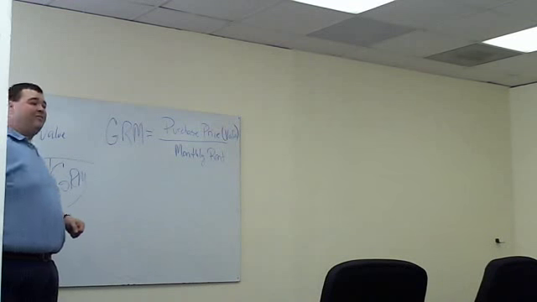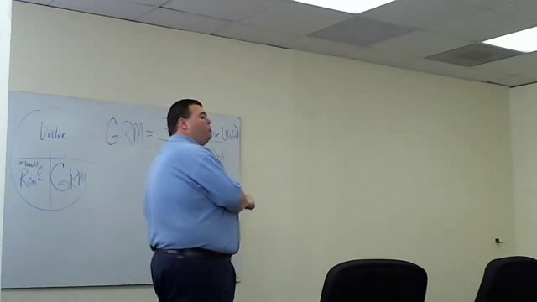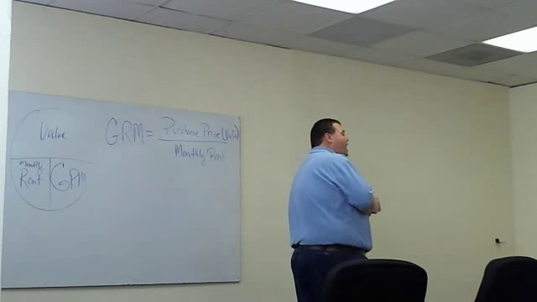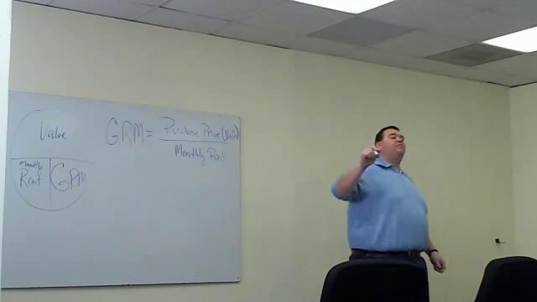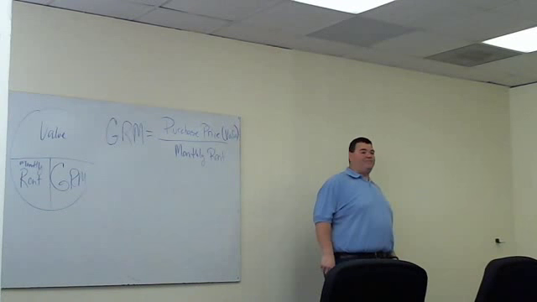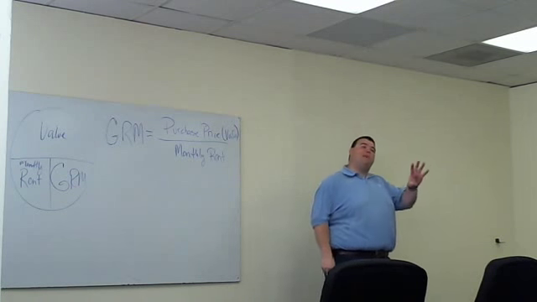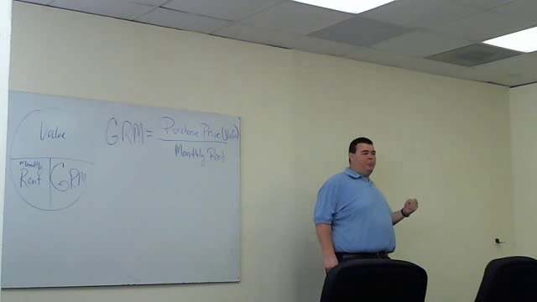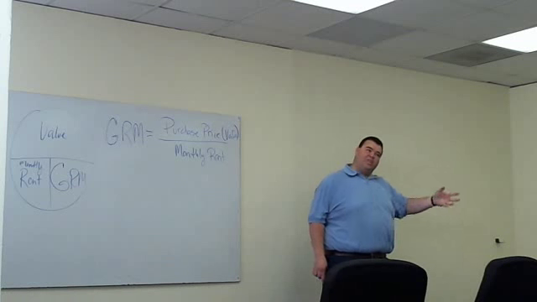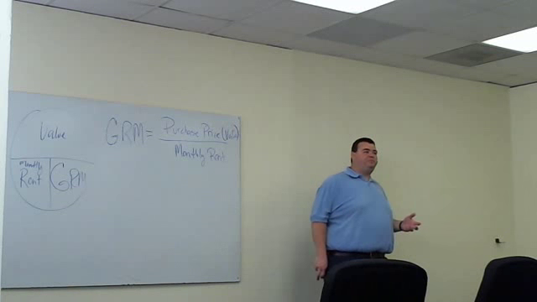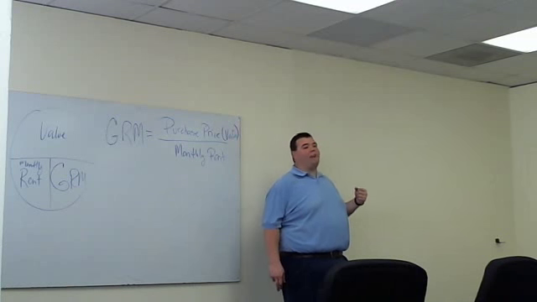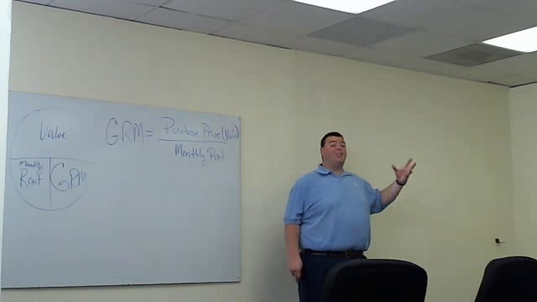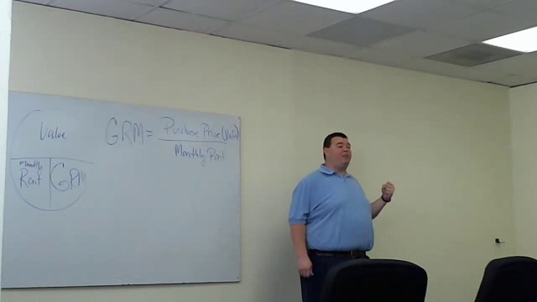need, right? So let's talk about what a gross rent multiplier actually is. It's nothing but how many months it takes you to get your investment back. Remember, a cap rate was some percentage of return on investment, so you can figure out how many years it might take you to get your money back. The gross rent multiplier is how many months at the current rent it takes me to get my investment back.